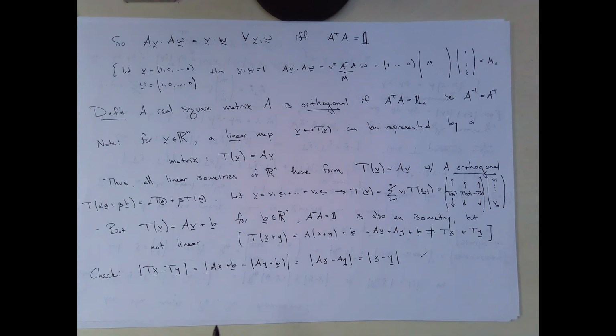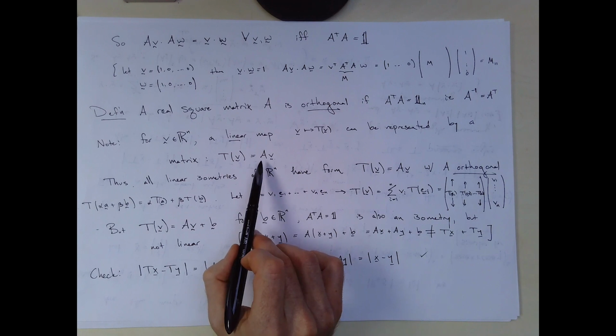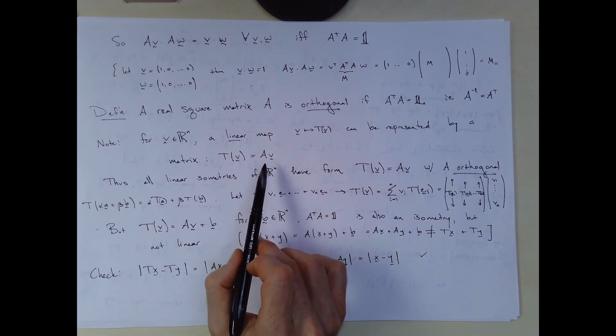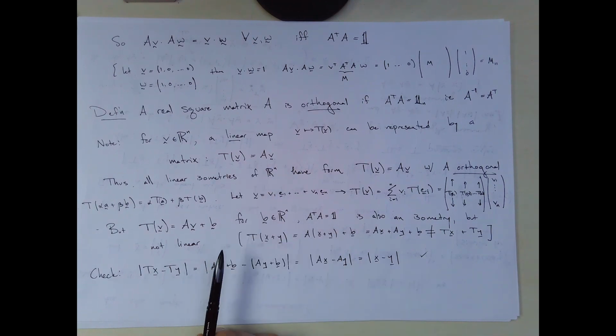Okay, so to summarize, we're making this connection between general isometries and matrix multiplication. If I have a map defined by matrix multiplication for it to be an isometry, that matrix has to be orthogonal.